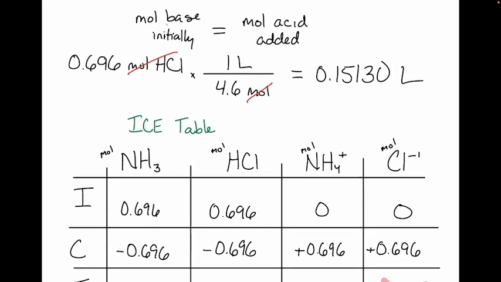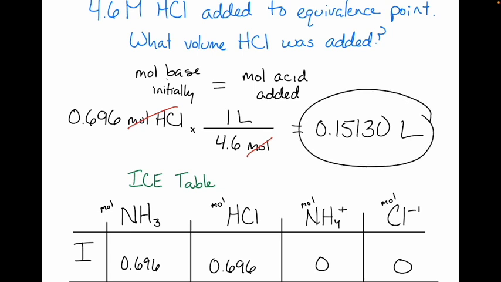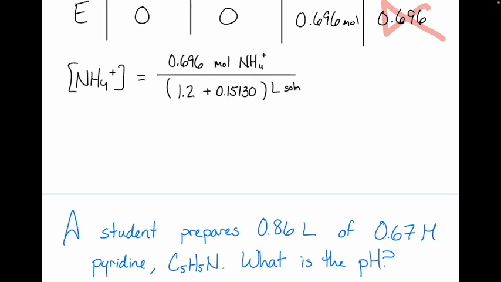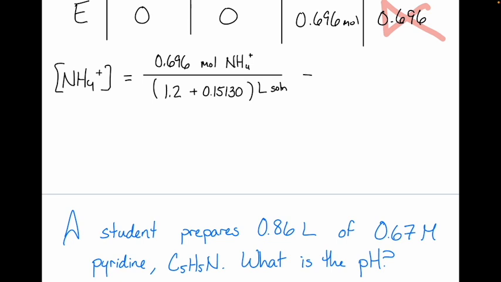So how much have I added to get to my equivalence point? That 0.15 value that we calculated before, right? That's why we got to know the volume of the HCl that we added, because we got to figure out what our new volume is. Okay, so this gives us a new concentration rather of our ammonium, 0.51505 molar.